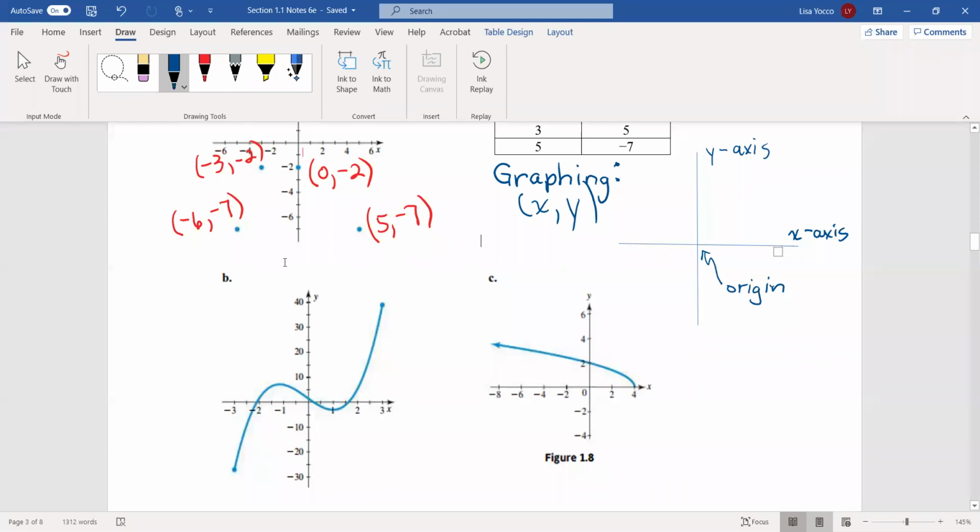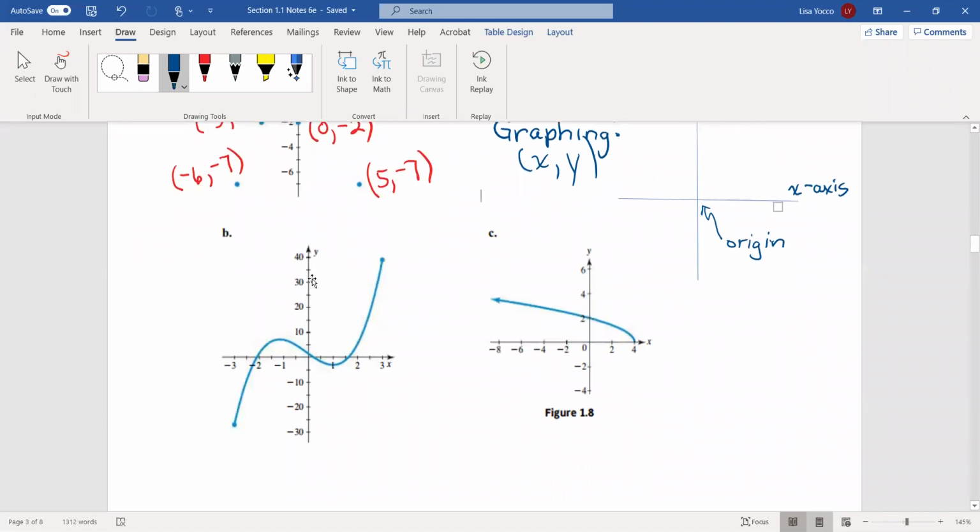All right, so for the next graph, now what's different? The graph we just looked at was just a specific set of ordered pairs. That's what the dots indicate. Those are points on the graph. In part B, this is what we call a continuous graph. All right, it's continuous.